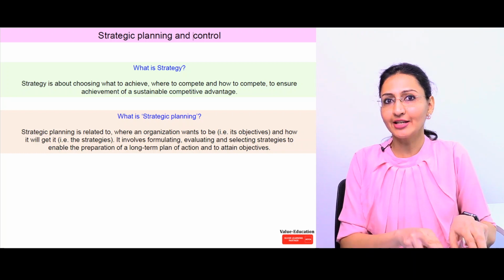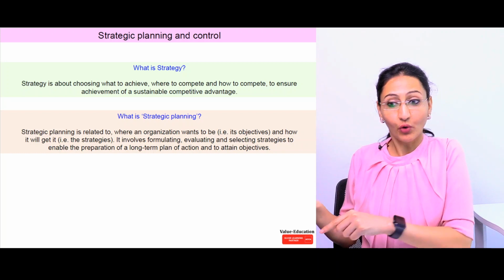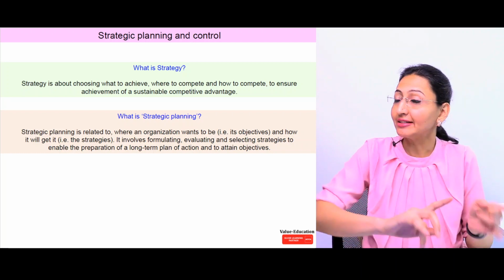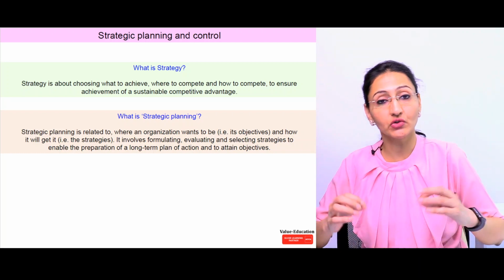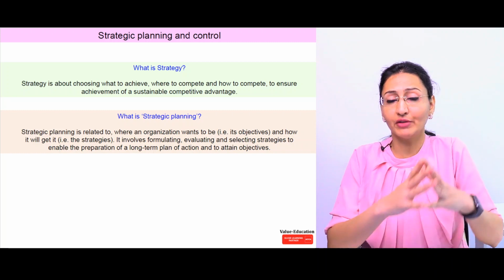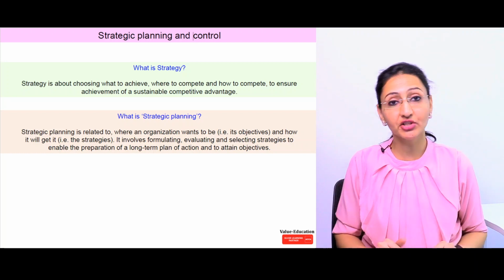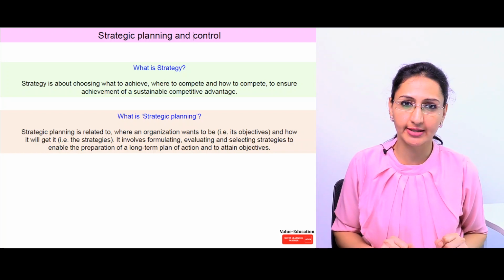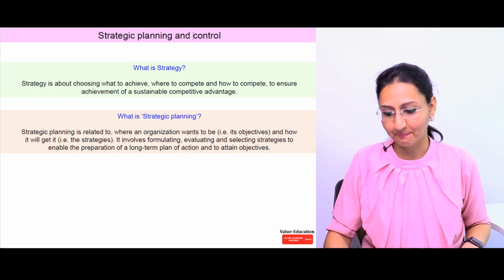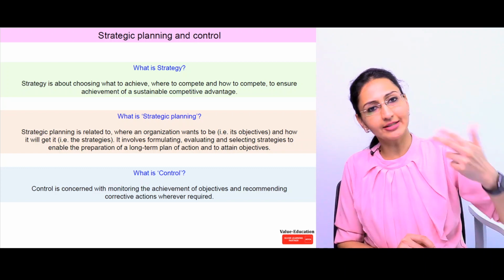Now the organization has to decide, has to plan what all processes should be done, what all activities must be taken up so that the ultimate objective is reached. That is strategic planning. That means the major emphasis which comes in picture when we talk about strategic planning is long term, achieving the overall objective of the organization, the main objective. That's strategic planning.